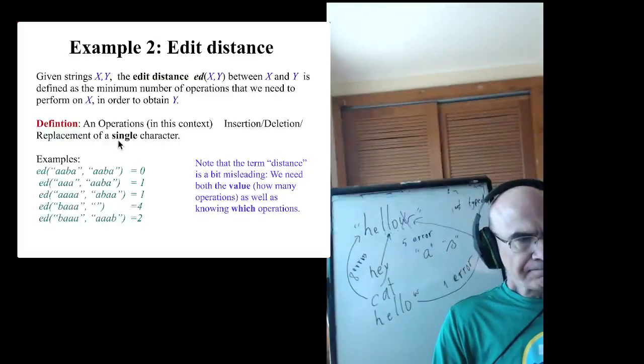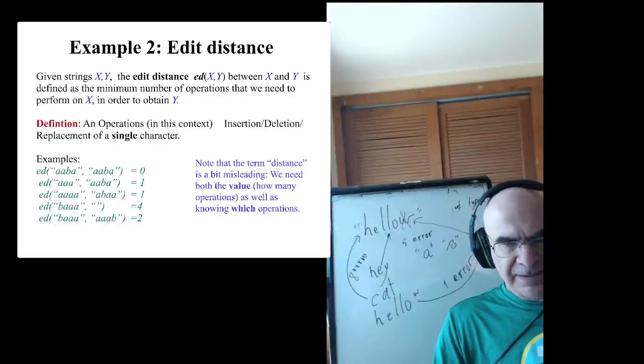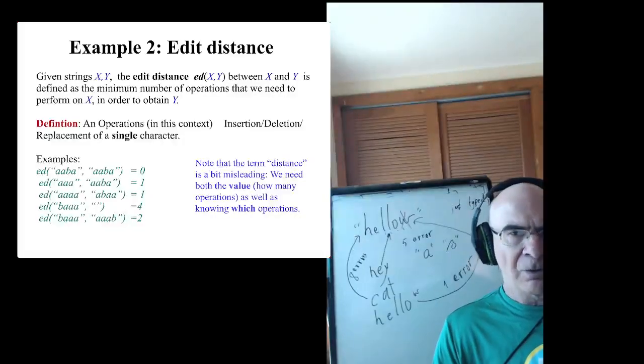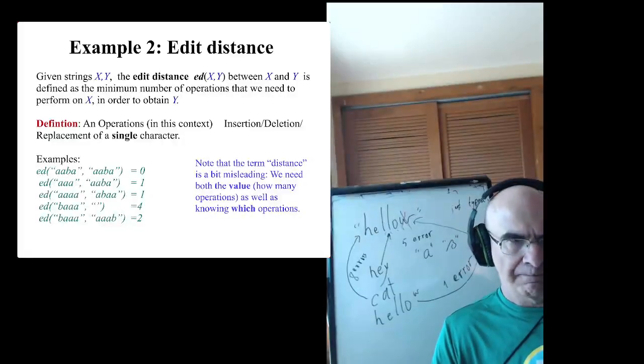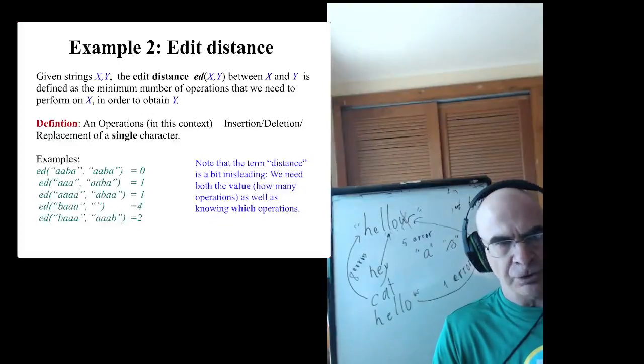Okay, quick definition. In this version of the edit distance, every error has a cost. An error can be expressed as: I need to insert a character and it costs me 1. I need to delete a character and it also costs 1. Or I need to replace one character by another character, which also costs 1.